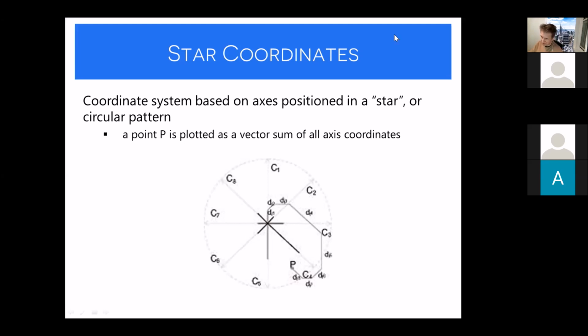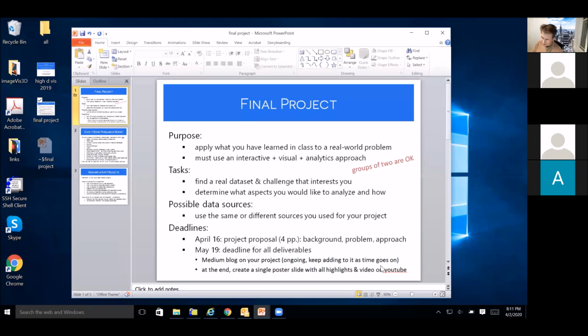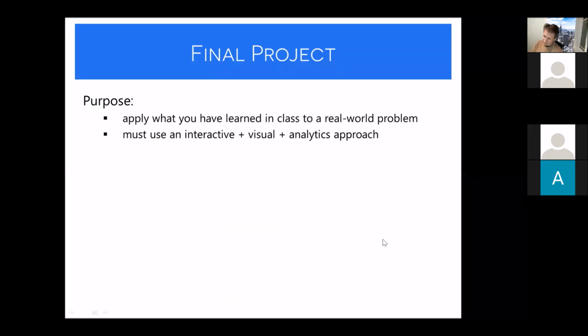Okay, so I made this slide set here to tell you about this. So what the final project really will do, right? The final project basically wants to measure where you can now let all the stops out and show what you've learned in this class, okay?